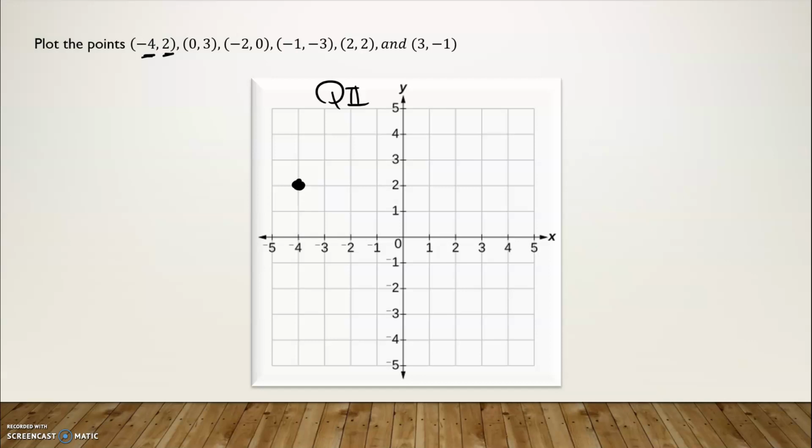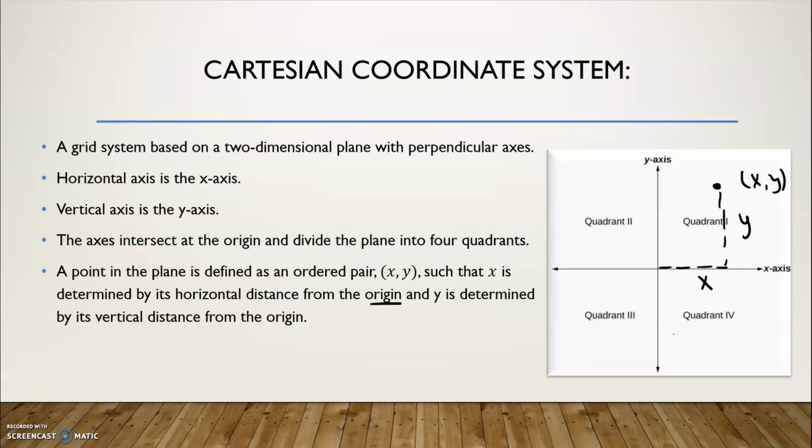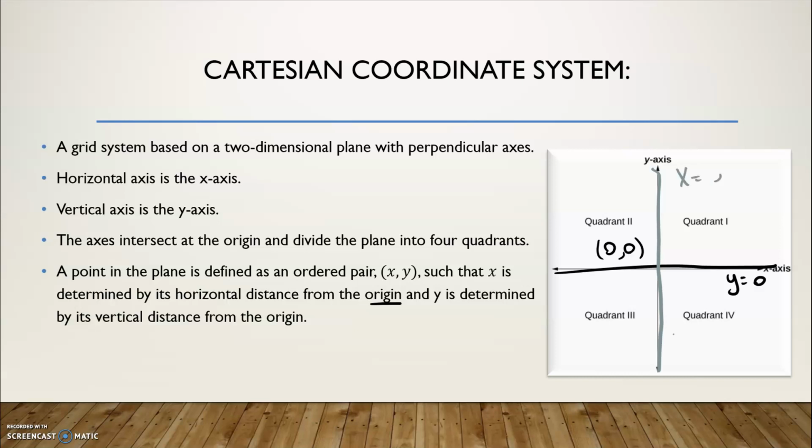Okay, and then, by the way, the origin has the ordered pair (0, 0). And anytime I am on the x-axis, that means that y is going to be 0. Anytime I'm on the y-axis, that means that x is going to be 0.